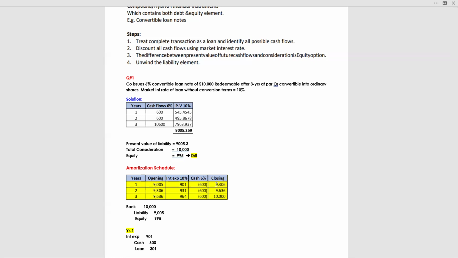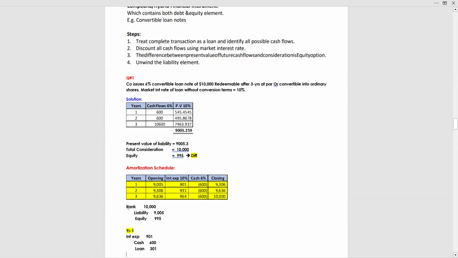Again, apply the same 10% and 6%. The second year closing will become the opening of the third year, and again the third year interest is 964. 10% of 9,636 is 964. Again, cash of 600. The total at the end is 10,000.